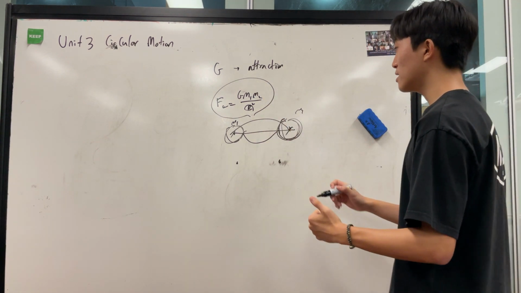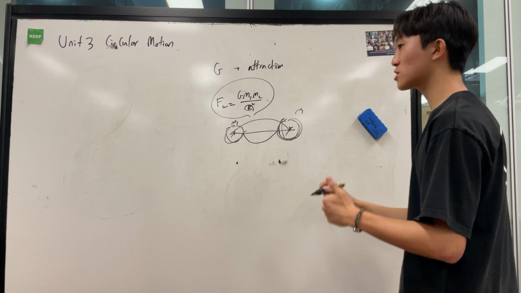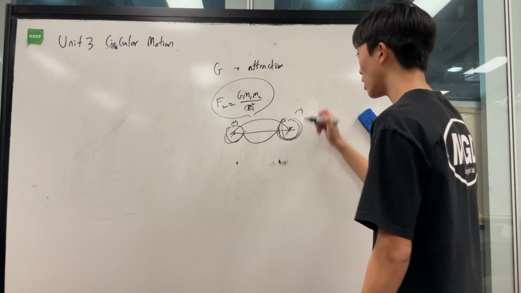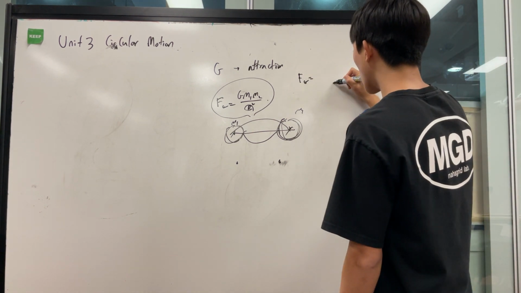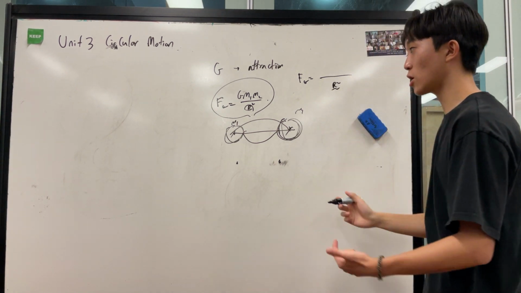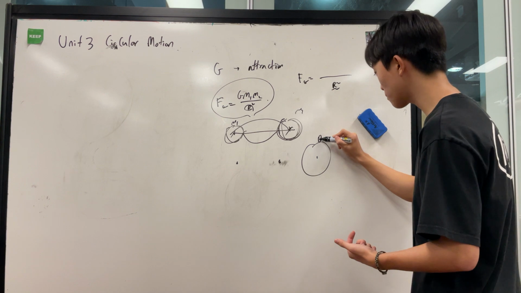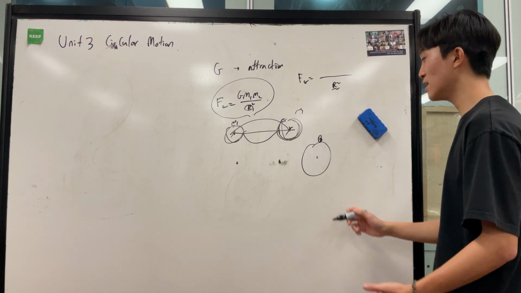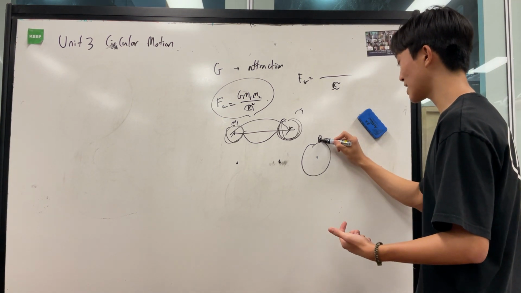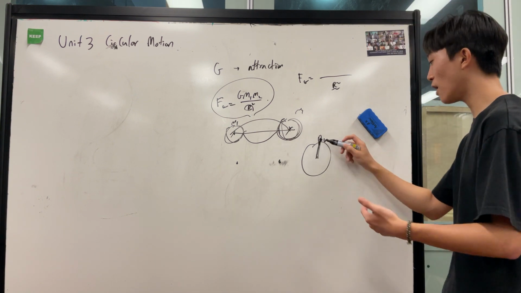Now, what's interesting is that if you examine this formula, then using this formula, we can express the gravitational force between me and the Earth as well. So that would be Fg equals G m1 m2 over r squared, where r would be the radius of the Earth, because it's the distance between the center of the Earth and center of me, but center of me is less than 1 meter, so it's negligible compared to the radius of the Earth.